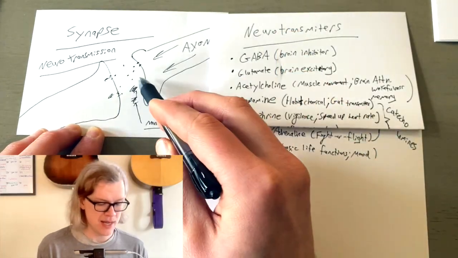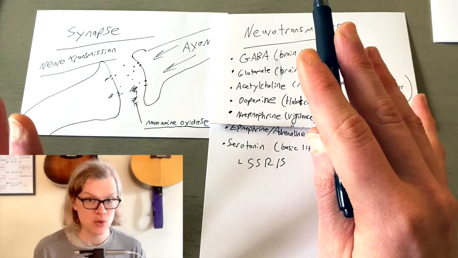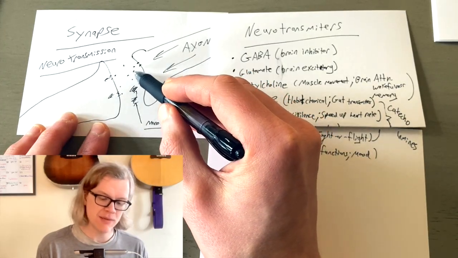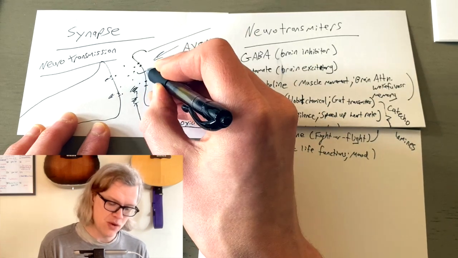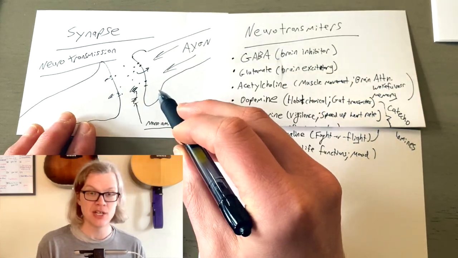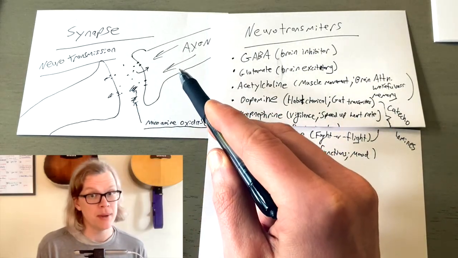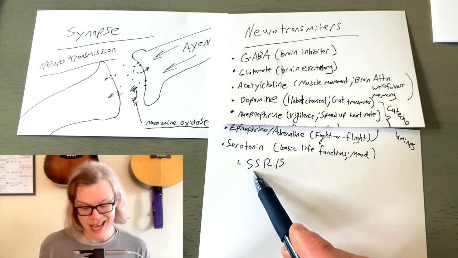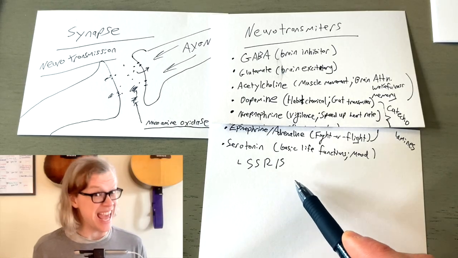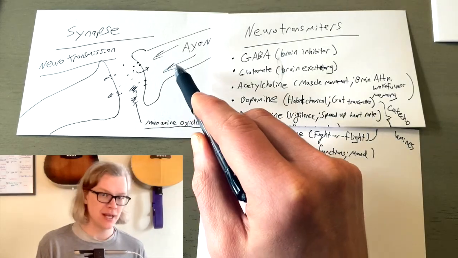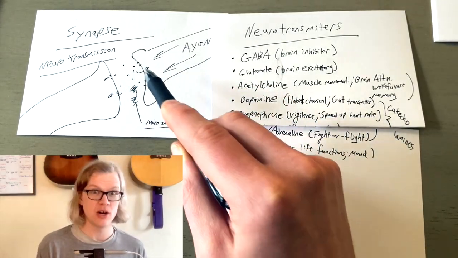Another way that we make sure that the synapse is ready to receive new messages, not sending a message too long, is after sending something out, the axon actually takes it back in to reuse the next time it needs to send out a message. And that's what neurons do with serotonin. They take it back up. That's reuptake. SSRIs, selective serotonin reuptake inhibitors, stop the cell from taking serotonin back in, which helps us have more serotonin in our synapses.